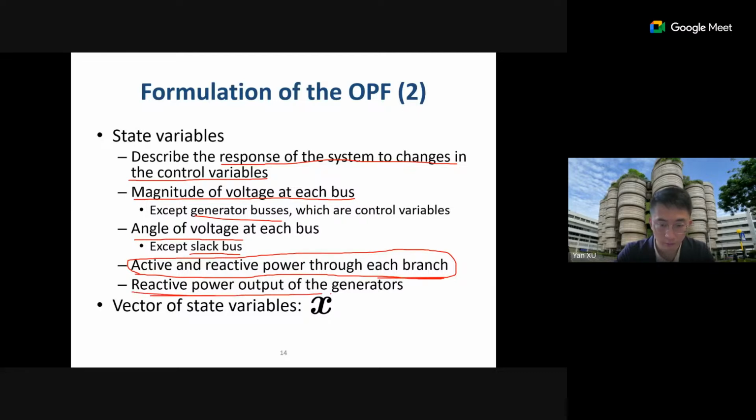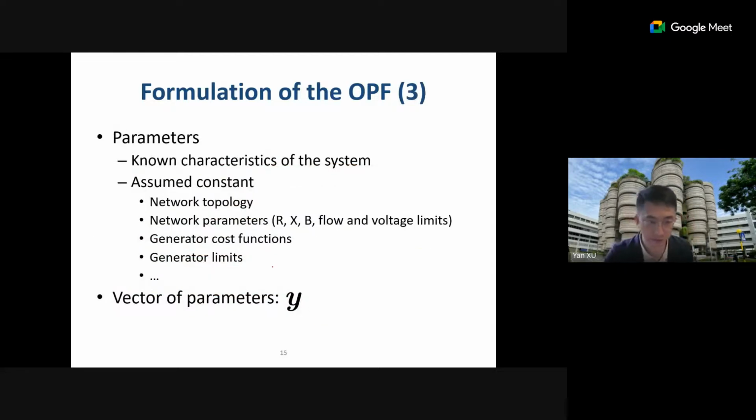And the reactive power output of the generator. Practically, we do not directly control the reactive power output of the generator. What we do is change the generator bus voltage setting, so we indirectly change its reactive power output. This is the so-called excitation control, right? These state variables are denoted as X. And the parameters, once again, are known values of the system.